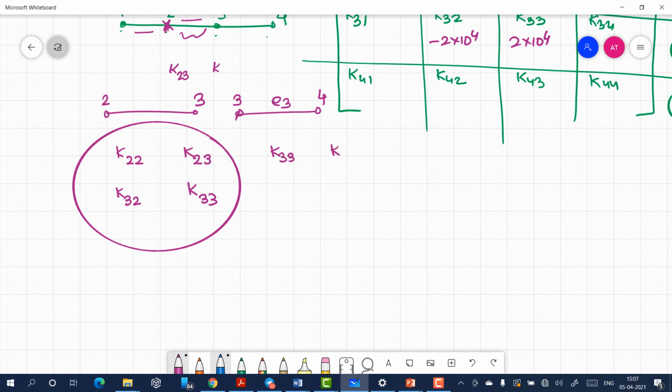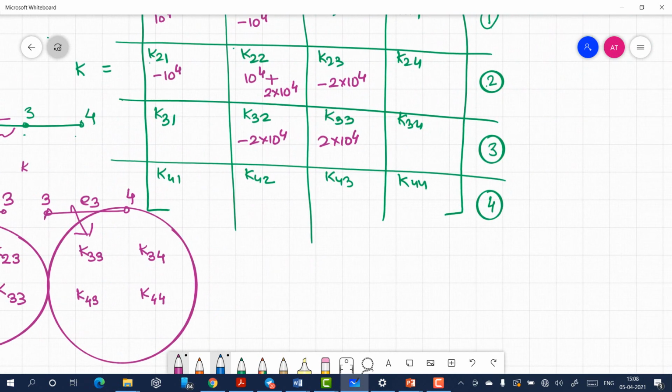Then on node number 3 because of the displacement at node number 4, and then on node number 4 because of the displacement at node number 3, and on node number 4 because of the displacement at node number 4. So these are the components from element number 3, and let me populate this.